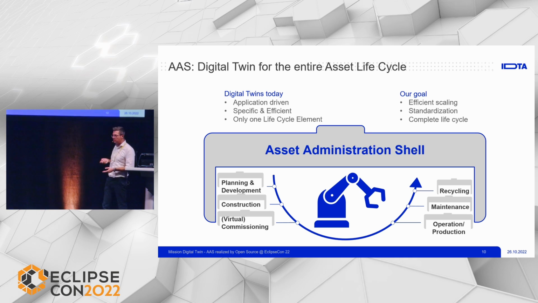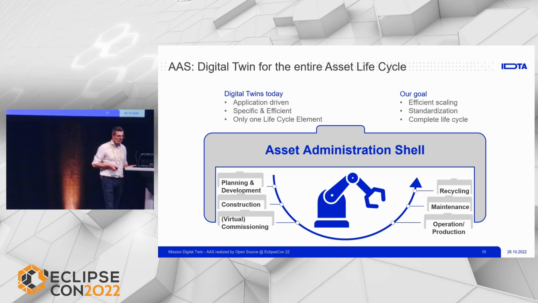So the asset would be, for example, the robot. And what should be administrated? This is the different information from the different life cycle phases. We have information from the planning, like the CAD data, or the live data from the operational phase. These are data which should be administrated. And the central hub is the shell. This is how the asset administration shell got its name.